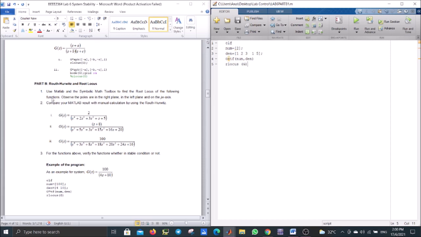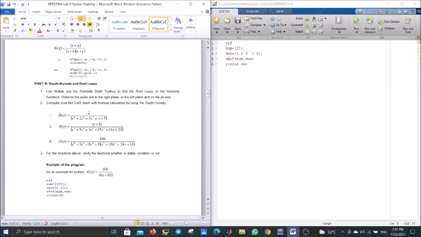Number one is use MATLAB and the symbolic math toolbox to find the root locus of the following function. Observe whether the poles are in the right plane, in the left plane, and on the jw axis. The second instruction is I need to compare the results with the manual calculation by using the Routh-Hurwitz.